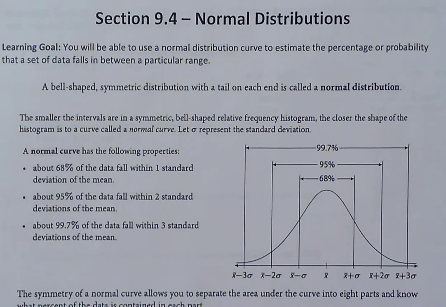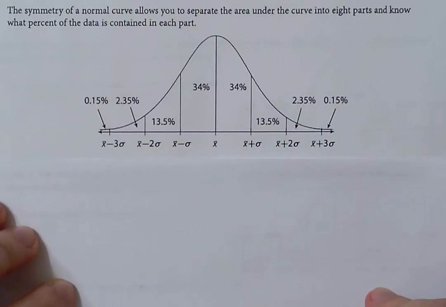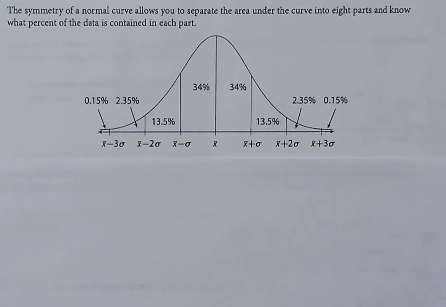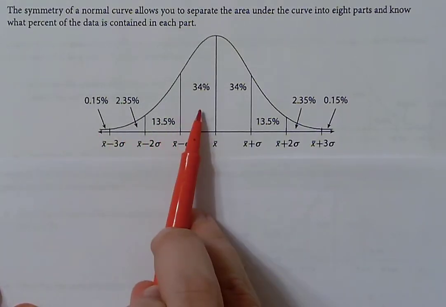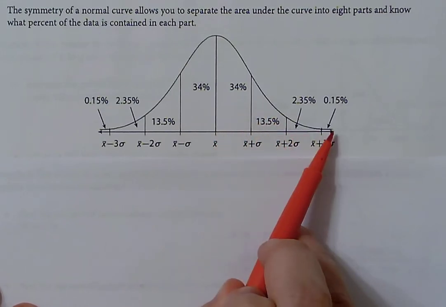Now, that's all well and good, and that is helpful. But the next normal distribution curve that I'm going to show you is going to be the more helpful one for our notes today. This is going to be the normal distribution curve that we're going to use to answer our questions for today. The symmetry of a normal curve allows you to separate the area under the curve into 8 parts. So we have part 1, 2, 3, 4, 5, 6, 7, 8.